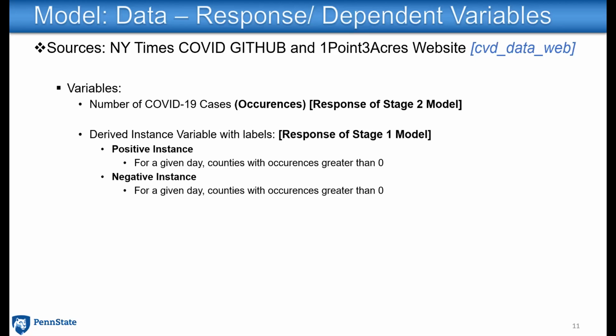Using these occurrences, we created an instance variable with two labels: a positive instance and a negative instance. For a given day, counties which reported 0 occurrences were classified as negative instance, and counties with greater than 0 were classified as positive instance.